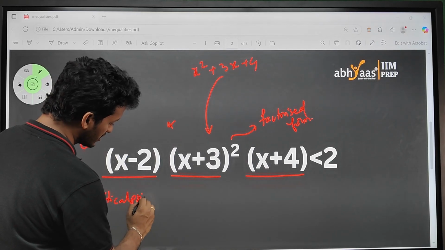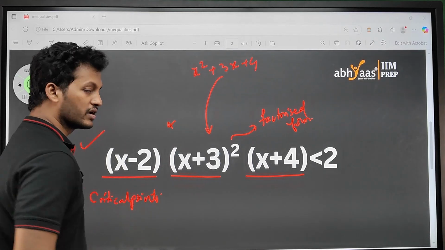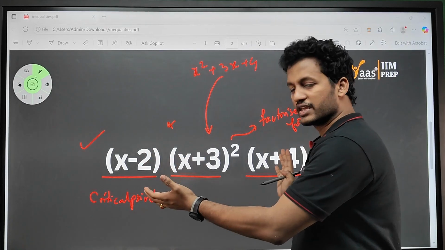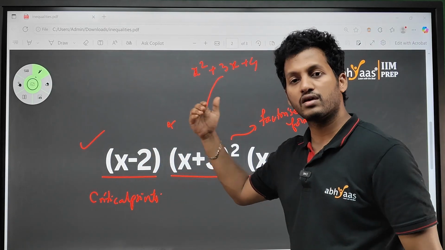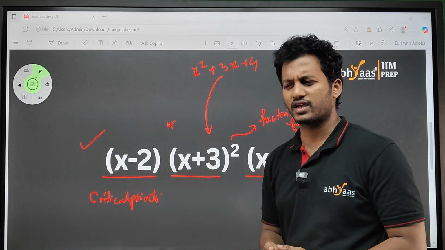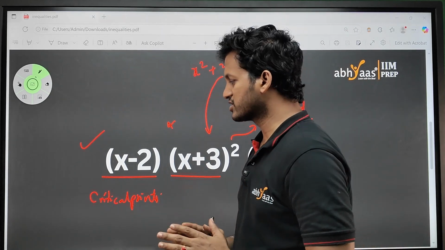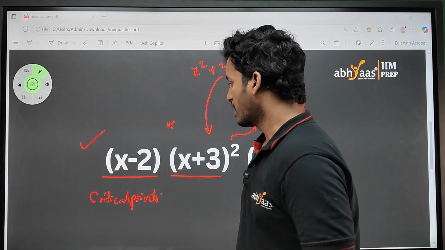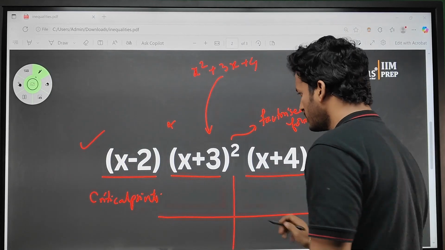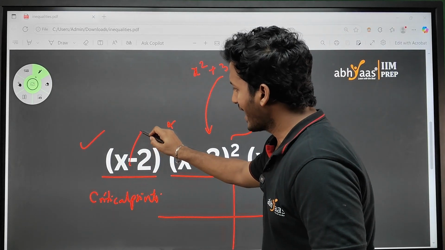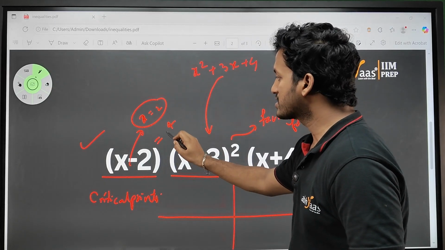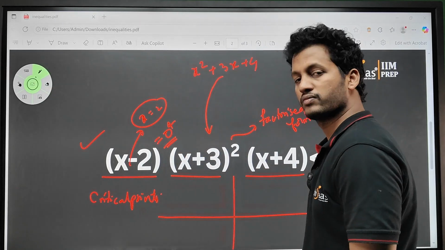What are critical points? Critical points are those where this polynomial or given equation has a different turn or a different slope. But let's not discuss slopes and all these things in this chapter. So on a number line, at x equal to 2, this curve makes the value 0.